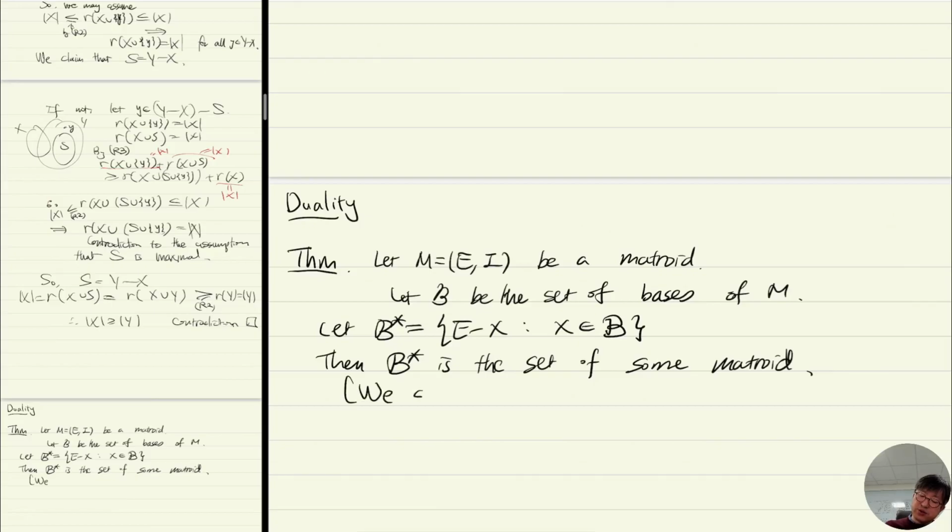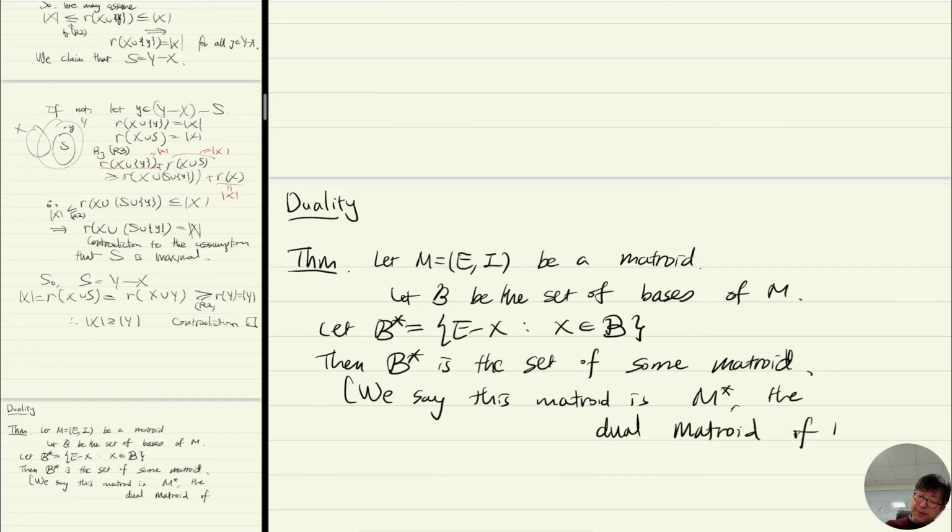And we say this matroid is M dual, the dual matroid of M.